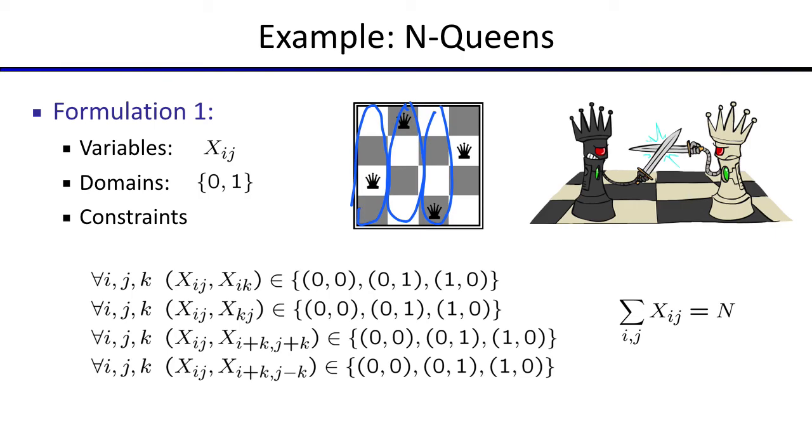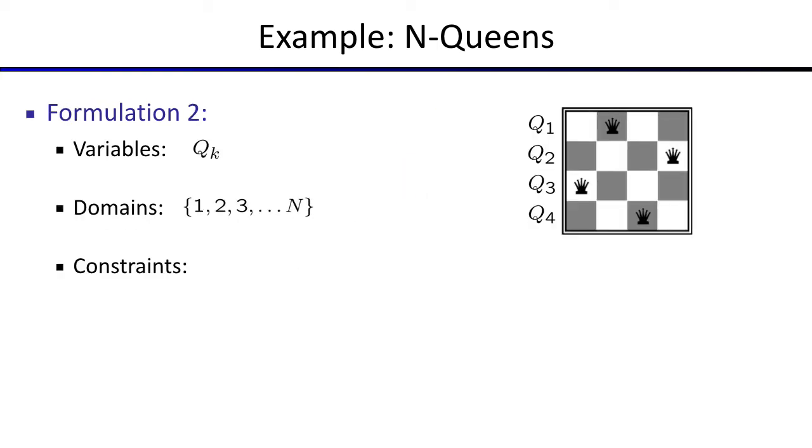You can't possibly have two queens in one column. That would violate a constraint. And there are exactly as many columns as there are queens. So what can we do? Well, now say instead of for every single square, is there a queen, is there not? It's for every column, where in that column is that column's queen?